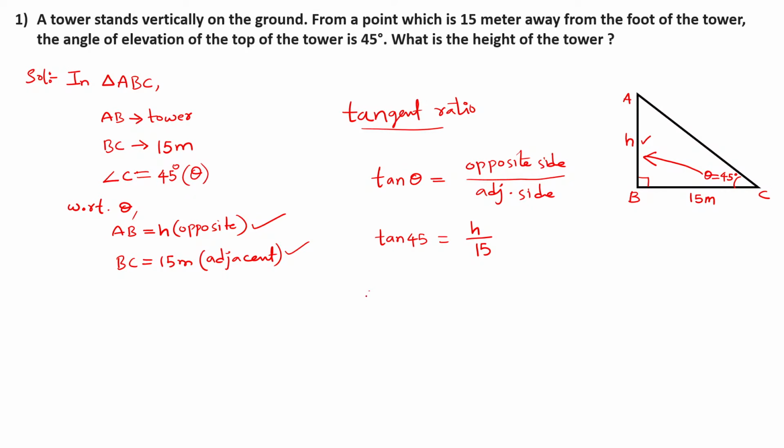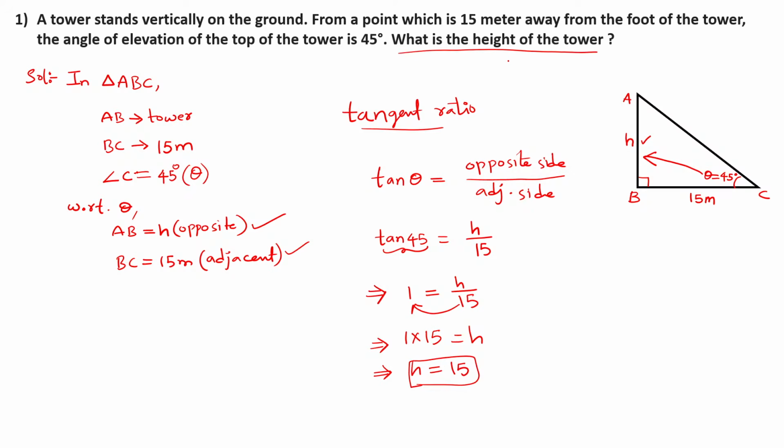And from the trigonometric ratio table, we have tan 45 value as 1, so 1 is equal to h by 15. Now 15 transposed to this side becomes 1 multiplied by 15, and that is equal to h. So here, if I interchange the LHS and RHS, I can write h is equal to 15. Therefore, the height of the tower is exactly 15 meters.